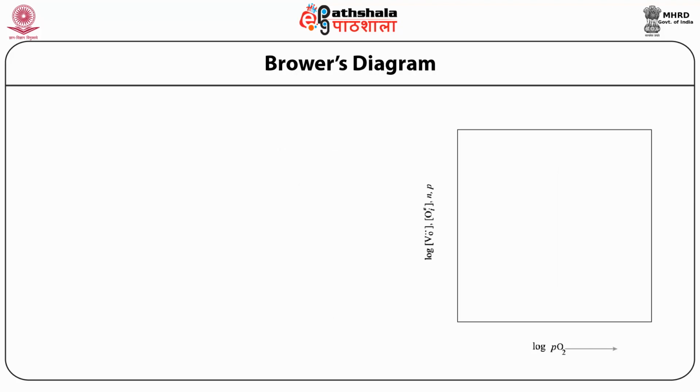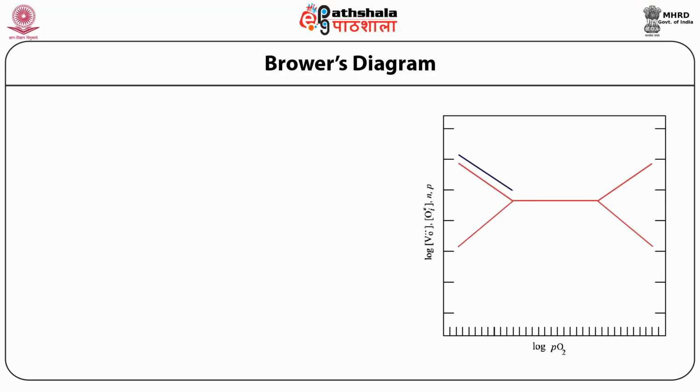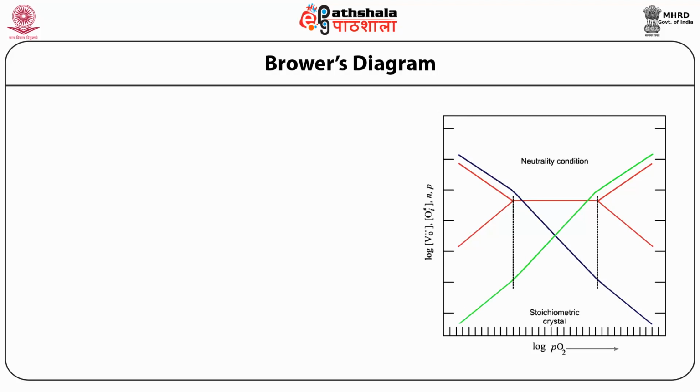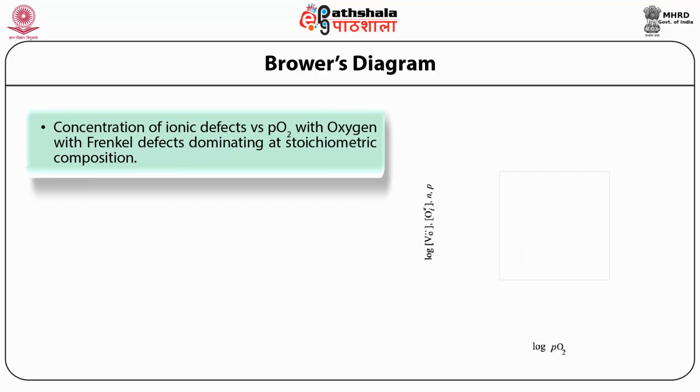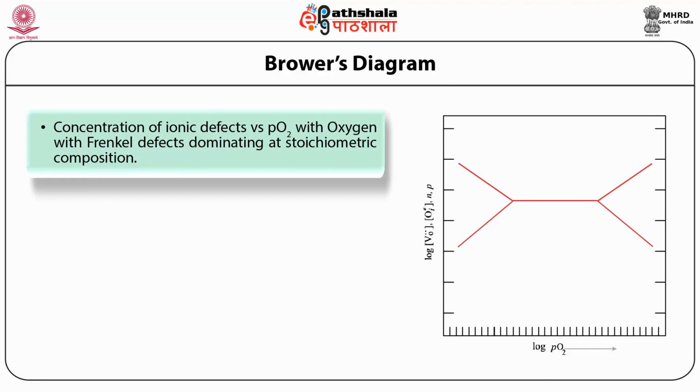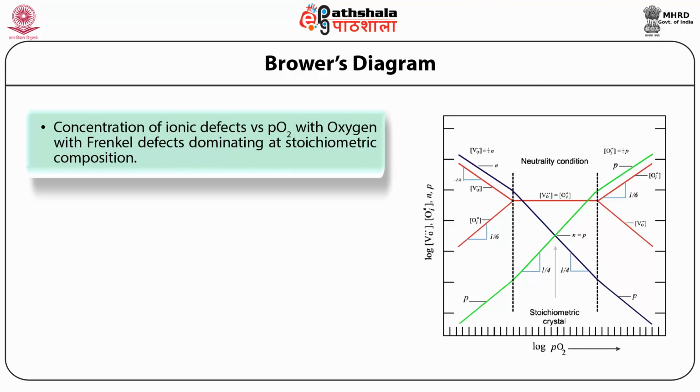As we have discussed in the previous slide, the limiting conditions of oxygen partial pressure separate three regimes of oxygen pressure, and the various concentrations of defects as a function of partial oxygen pressure can be obtained. This results in Brouwer's diagram. So let us discuss this diagram for the first case, that is Frenkel defect dominating at stoichiometric composition.